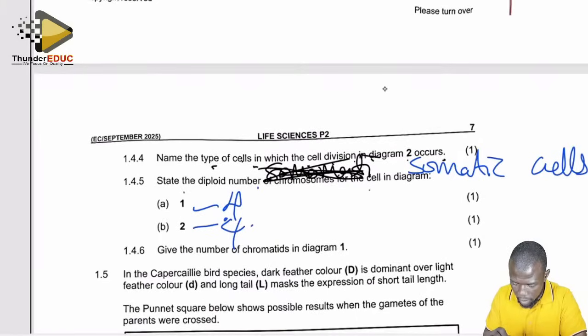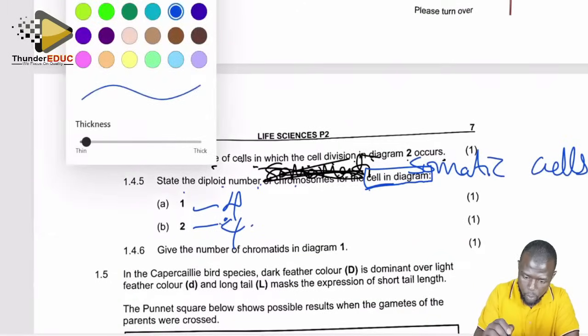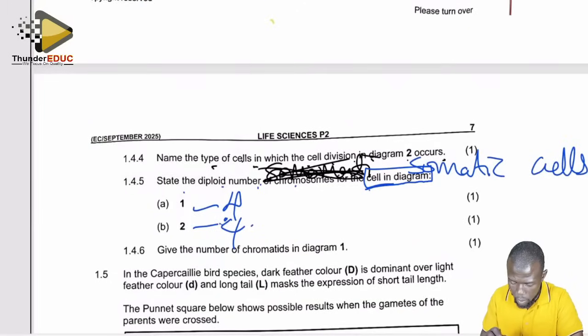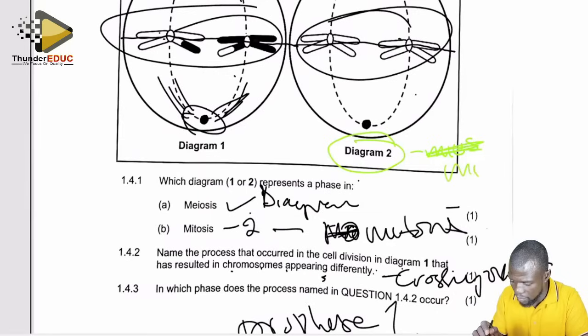State the number for the cell in diagram 2. Remember, if this is mitosis, let's analyze it like this.